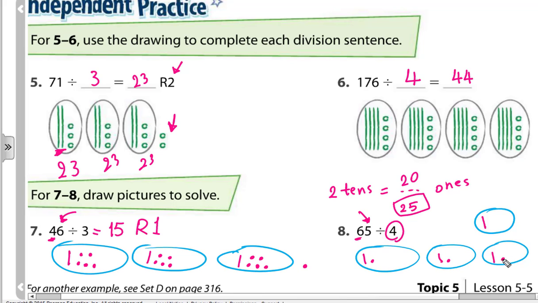Okay, let's start. 2, 3, 4, 5, 6, 7, 8. My hero, count with me. 9, 10, 11, 12, 13, 14, 15, 16, 17, 18, 19, 20, 21, 22, 23, 24.